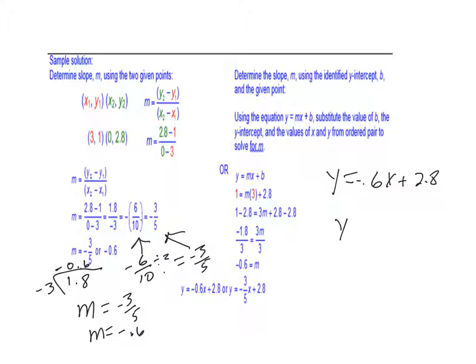And of course, we could have used y is equal to a negative 3 over 5x plus 2.8. Remember, they gave us, we could have went through and solved if we wanted to, but literally they gave us the y-intercept.